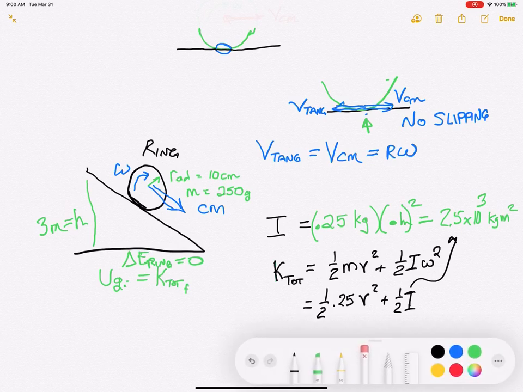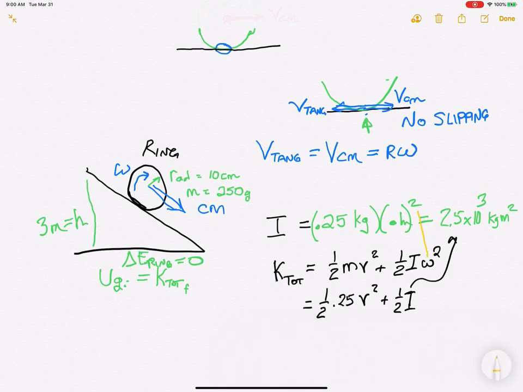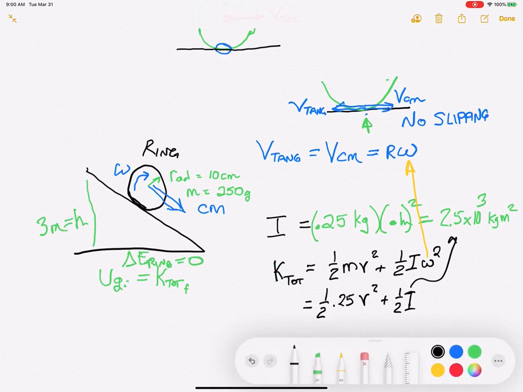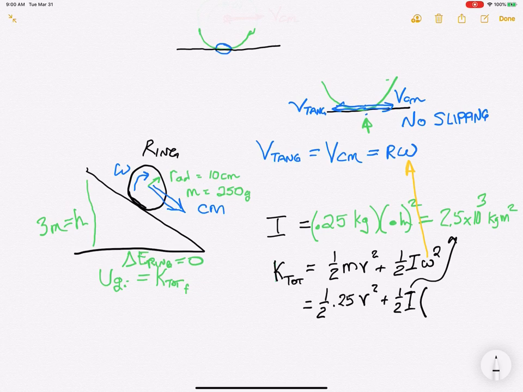But let's take our omega squared and grab it from this equation. So omega squared is going to equal the velocity of the center of mass divided by the radius that it's rolling on, squared, and let's put this all together.